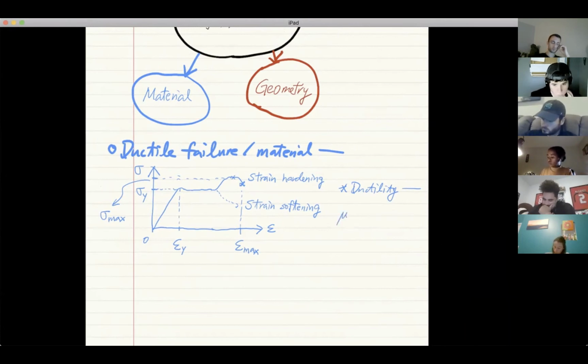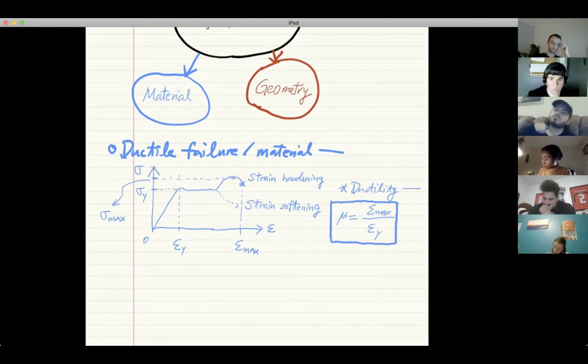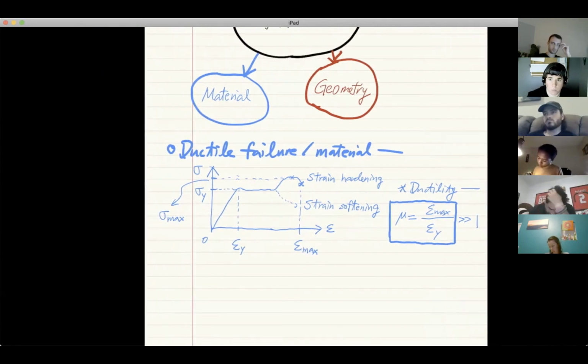So mu equals the ratio between epsilon maximum and epsilon y. This is ductility. For ductile materials, this value is usually much greater than 1. If that's the case, we call this material a ductile material. And of course, the favorite example for this is structural steel, right?